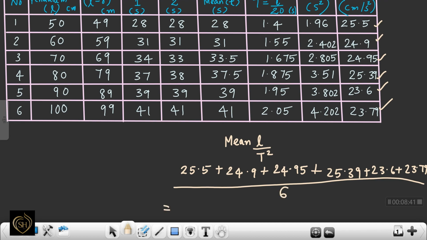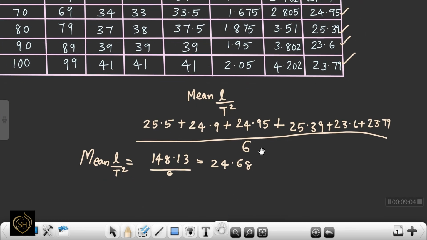And answer is 148.13 divided by 6. That is equal to 24.68. That is mean L by T square is equal to 24.68.